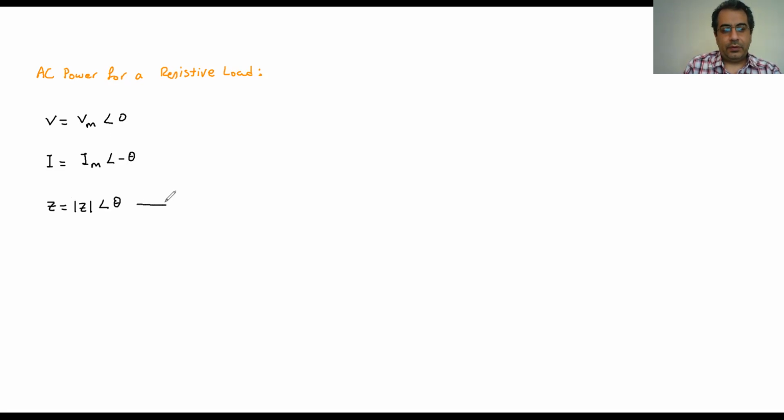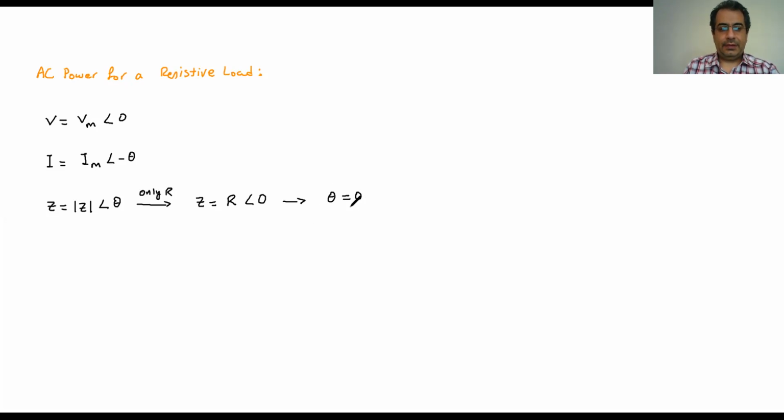If we have only R, the magnitude of Z is going to be R. The impedance for the R is just the R itself with angle of 0. Therefore, theta is going to be 0.